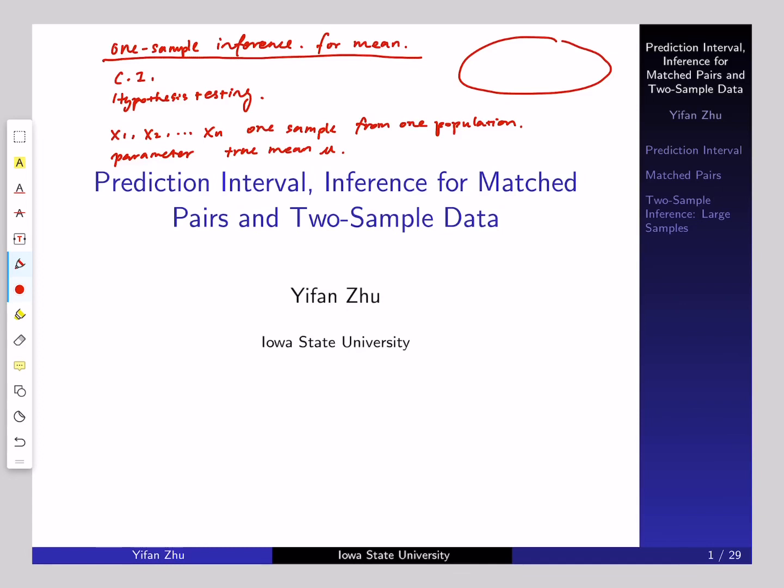There is a big population and we get one sample from this population and we want to infer some information about the population parameter, which is the true mean of the population, mu.